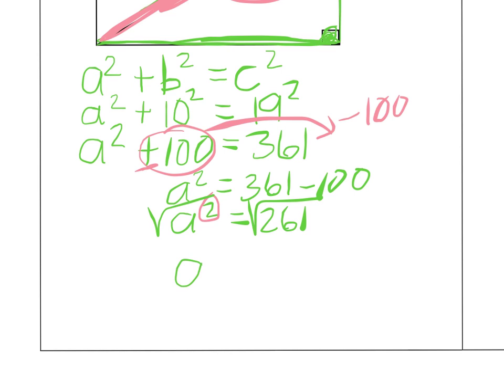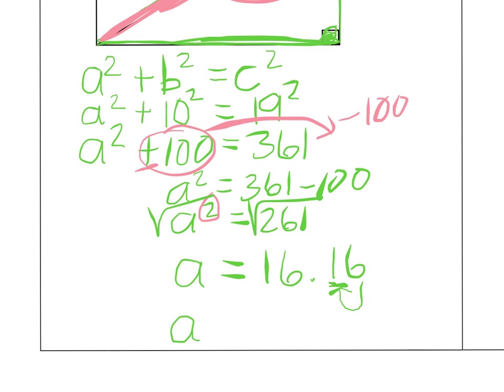When I take the square root of 261, it's not a perfect square, so it turns out to be 16.16. And I believe that they told us to round to the nearest tenth again here. So this is the tenths place. So this 6 that's next to it makes that 1 go up.